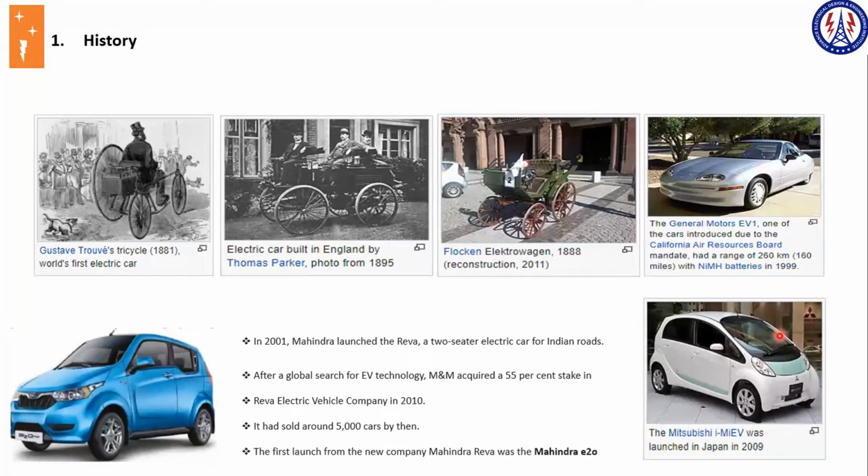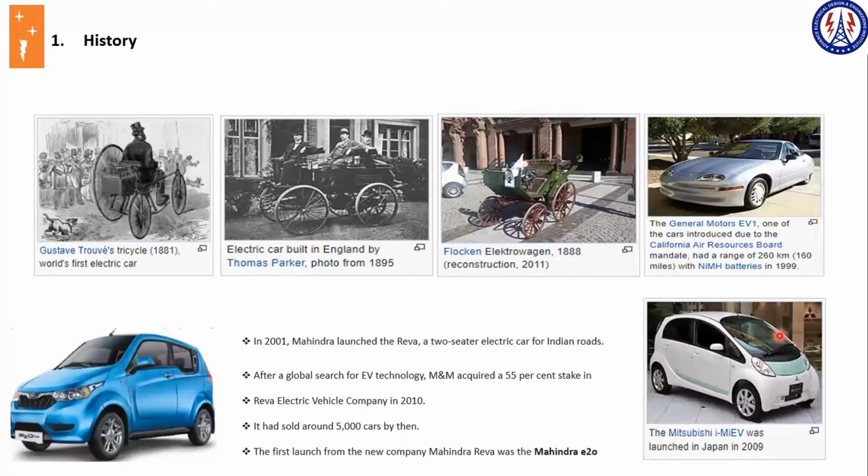After that, for the global market, Mahindra and Mahindra acquired a 55% stake across the globe, and then the Reva was reinvented and launched again in 2010.